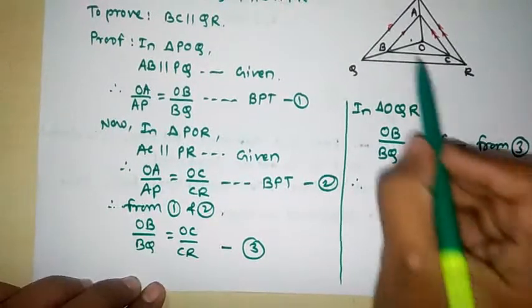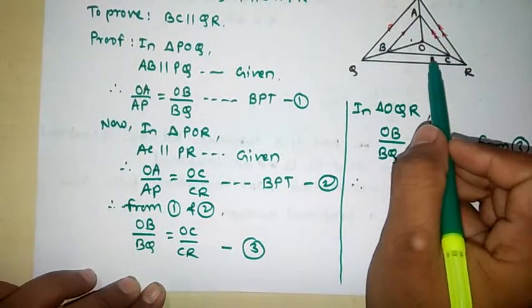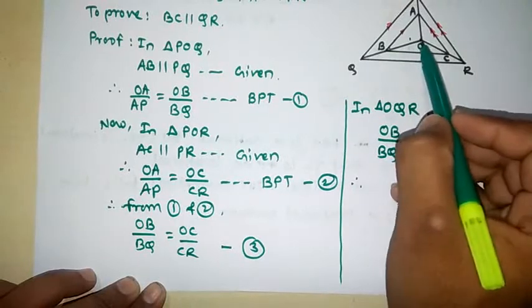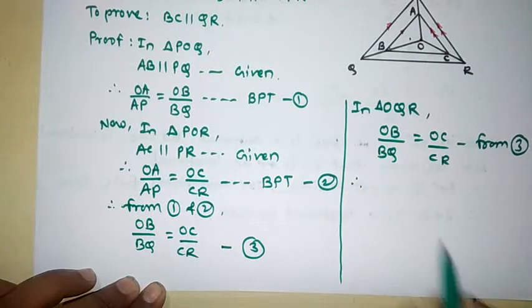see here, points B and C divide the sides OQ and OR in the same ratio.